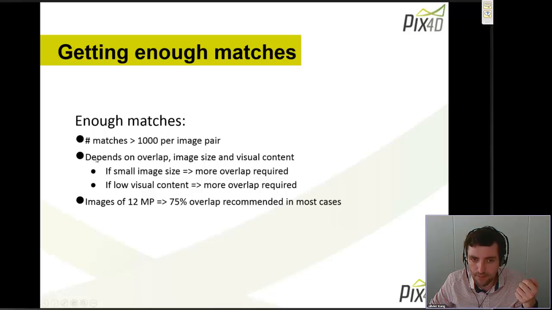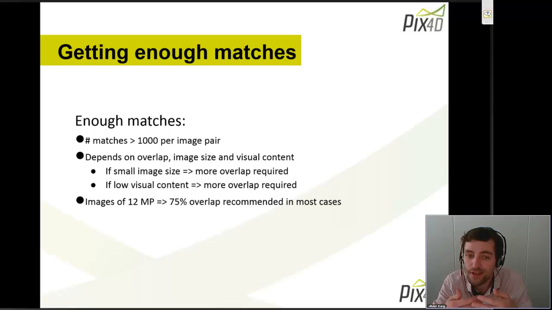However, it depends on overlap, as I just said before, but it's also going to depend on the image size and on the visual content. So let's say you have a tiny camera, a camera of 600 times 800 pixels. Very likely you will not be able to extract 60,000 key points from it, but only maybe a few hundreds.